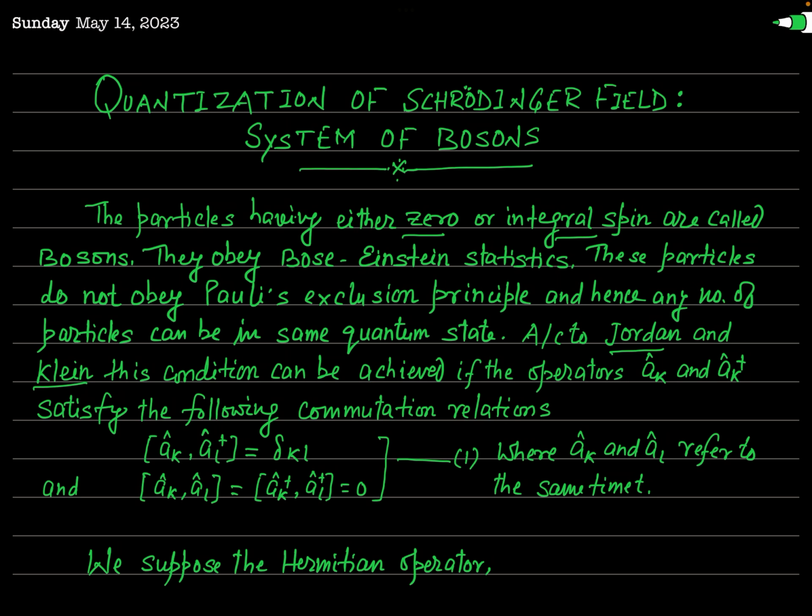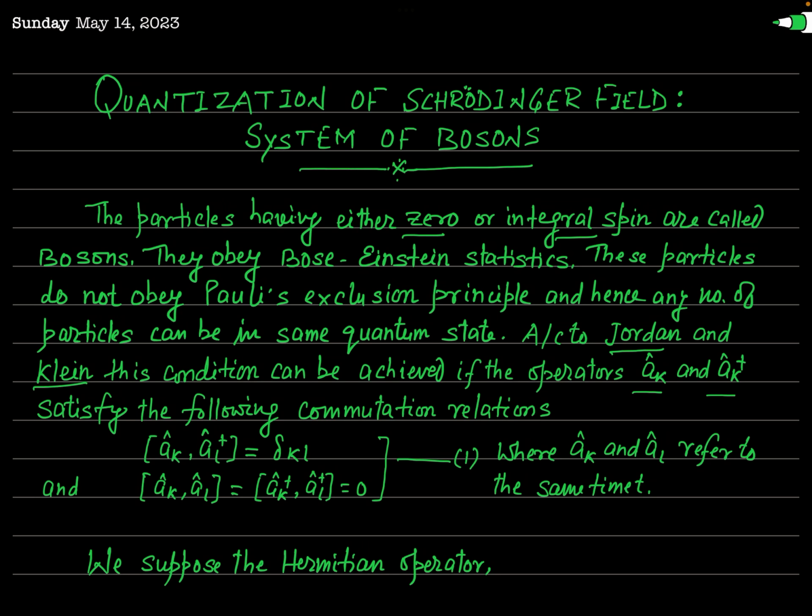Regarding this, we consider two operators. The first operator is ak hat, and the other is ak hat dagger. This ak hat dagger, as the symbol represents, is just the Hermitian conjugate of the operator ak hat.